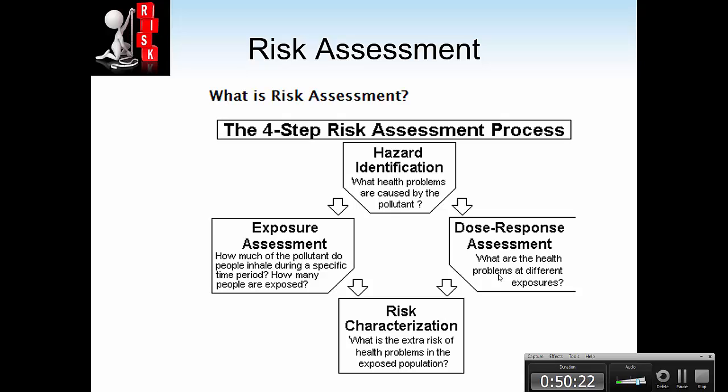Again, the dose makes the poison, so how much of a dose did you get? And then finally, all of this comes down to risk characterization, the last of the 4 steps. What is the extra risk of health problems in the exposed population? Again, brought down to some kind of probability.